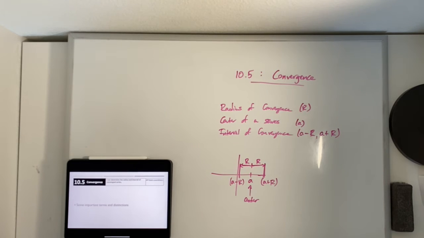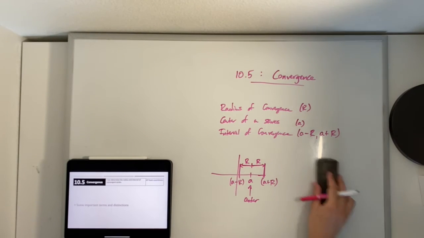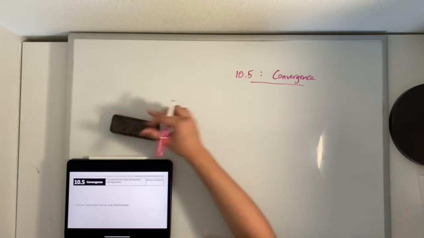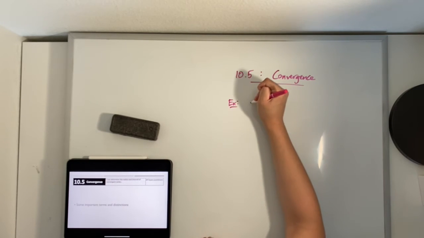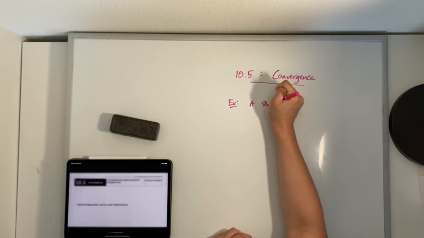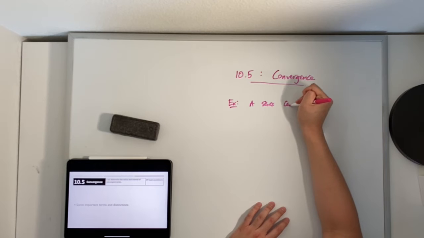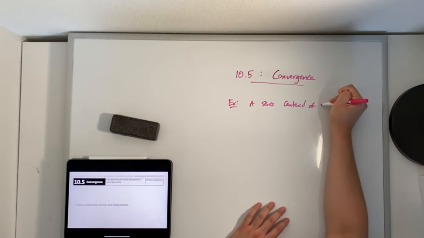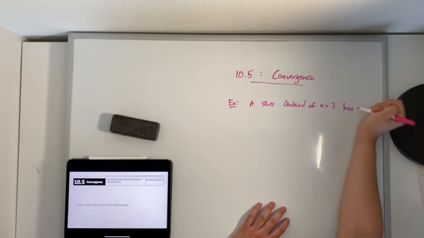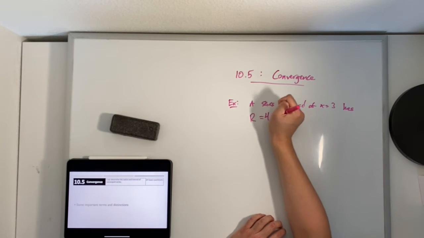That's kind of it. The first page of your mastery sheet, which I do want you to work through today, the first page of the mastery sheet, 10.5, is literally just questions like this. So for example, a series centered at x equals 3 has a radius of convergence equal to 4.